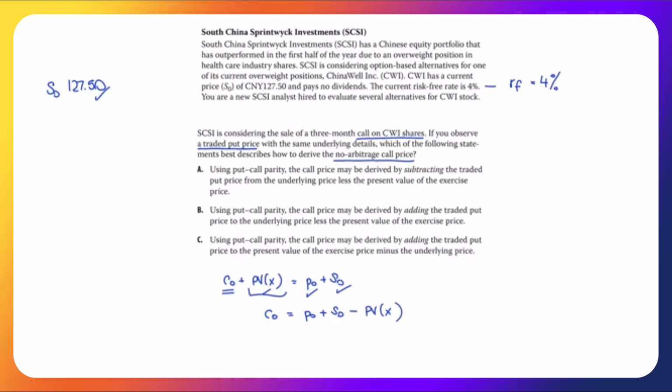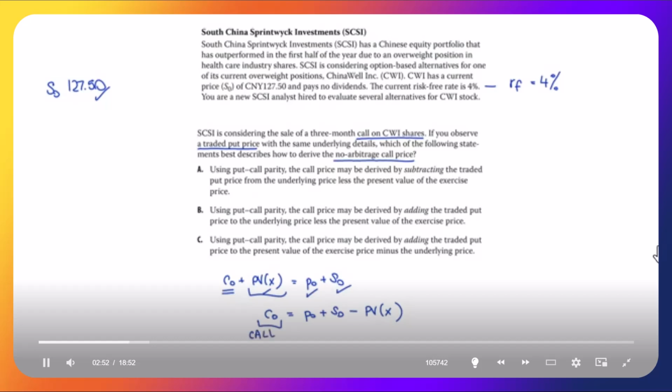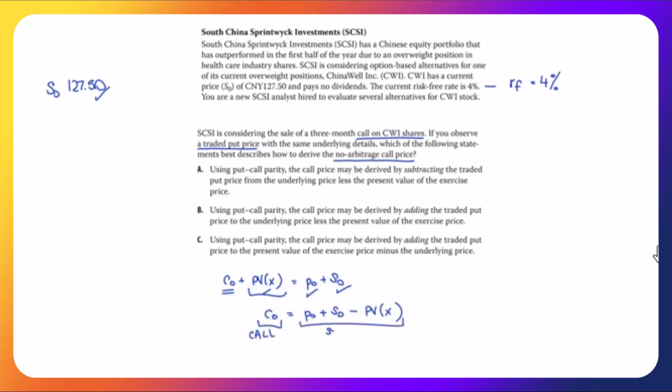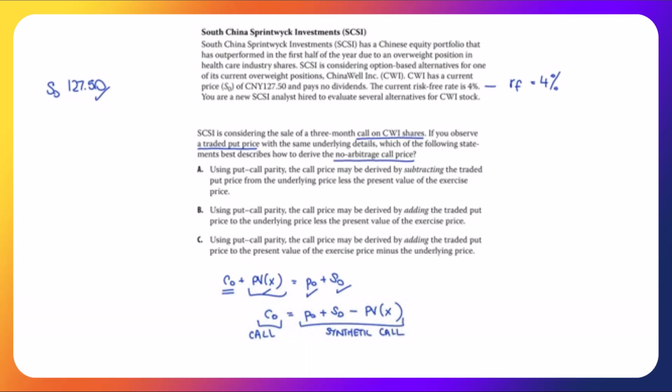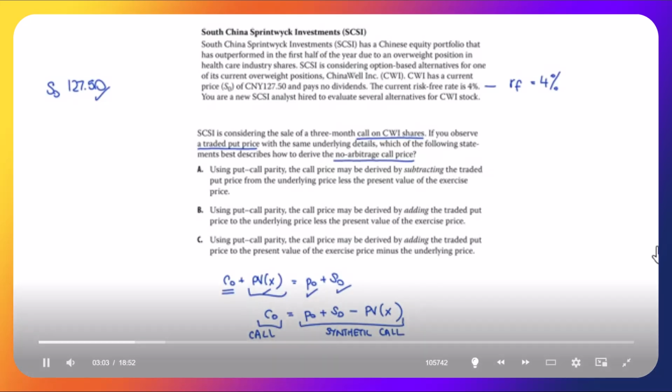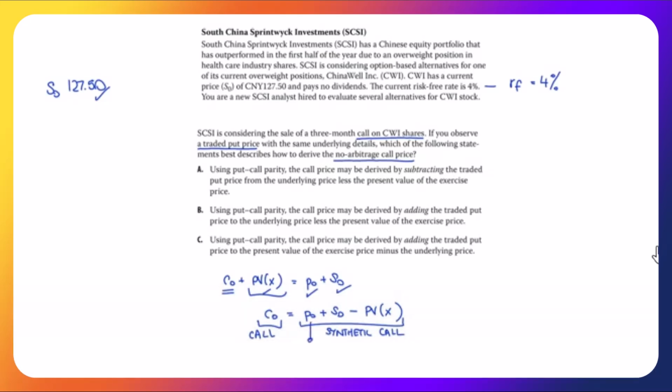So using put-call parity, how do you get the price of the call? This is the call. On the right-hand side, this is the synthetic call. These two positions pay off the same. They must cost the same. So how do you get this call? On the right-hand side, you would have to go long on the corresponding put because the sign there is positive.